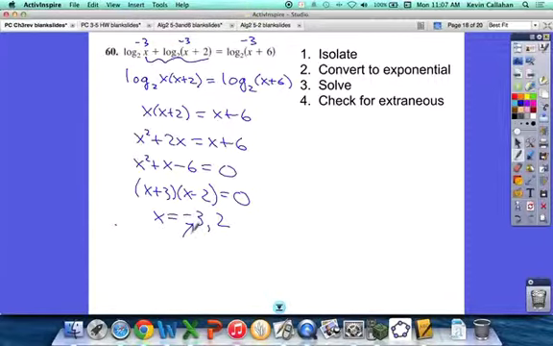So this one is extraneous. How about the 2? If I put in a 2 here, no problem. 2, no problem. 2, no problem. So that one's good. That one checks. But the negative 3 is not in the domain, right? Logarithms have a... Yes. Find the extraneous solution.